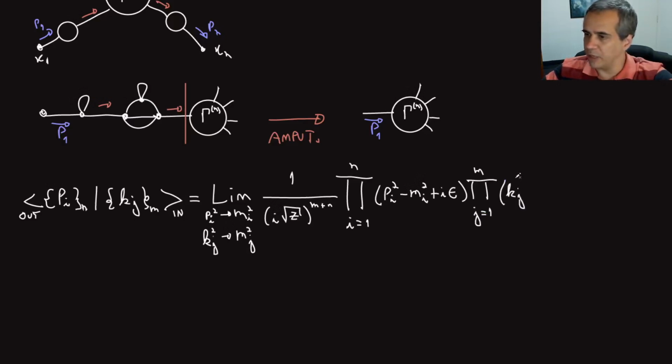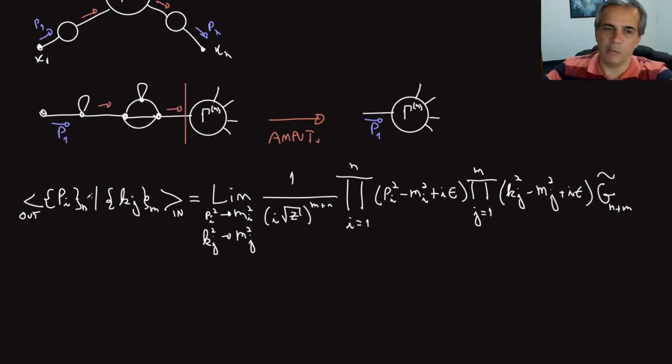Same thing for the k. And here I have the n plus m Green function in momentum space. So this is a function of all those momenta. I won't write it here because I don't have the space.